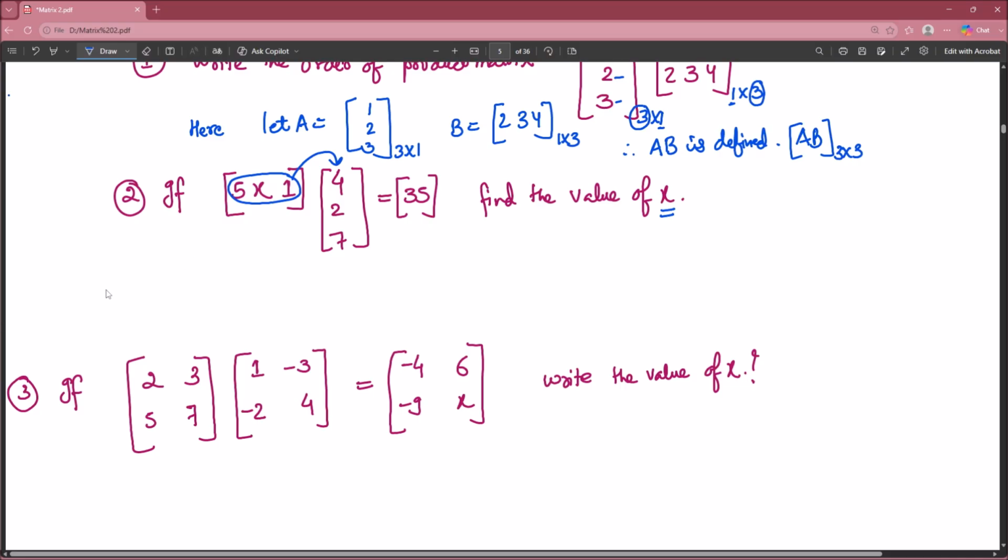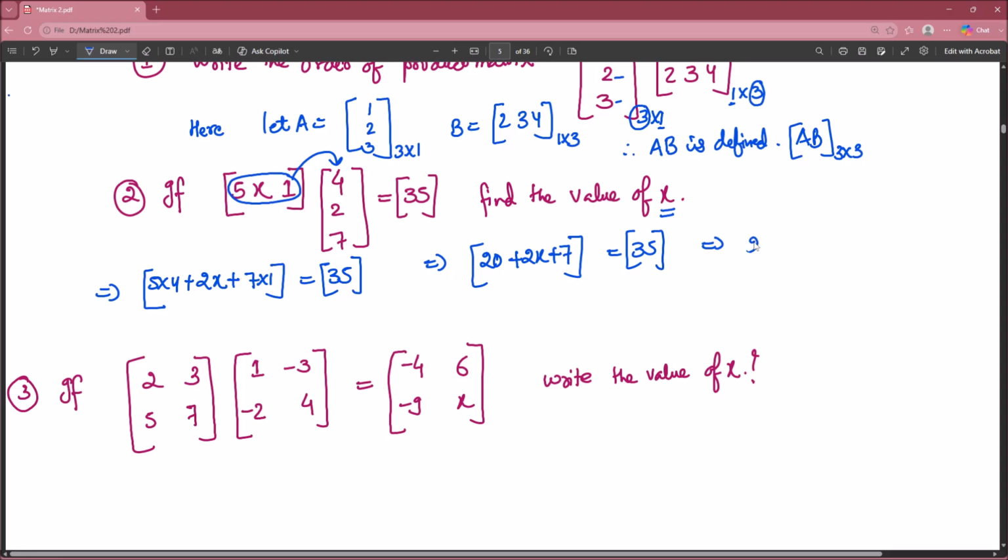So from this, 5 into 4 plus 2 into x plus 7 into 1 will be equal to 35. Therefore 20 plus 2x plus 7 is equal to 35.